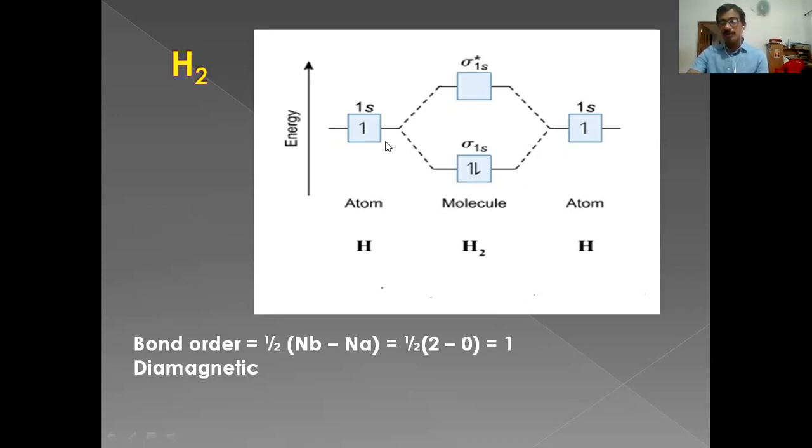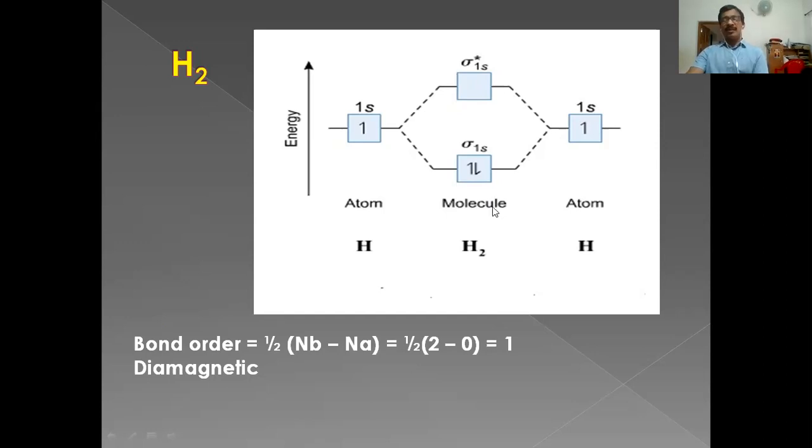When these two atomic orbitals undergo linear combination, additive overlapping results in the formation of the bonding molecular orbital with lower energy, sigma 1s, and subtractive overlapping results in the formation of the anti-bonding molecular orbital sigma star 1s with higher energy.